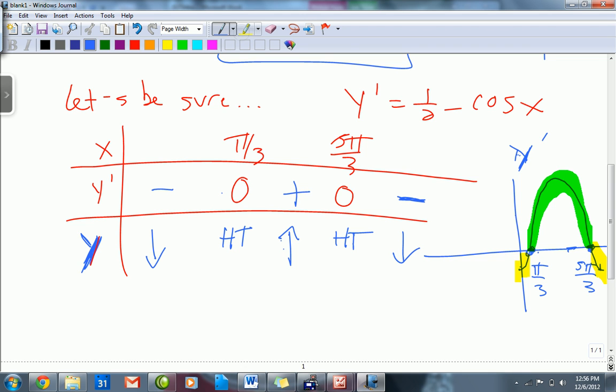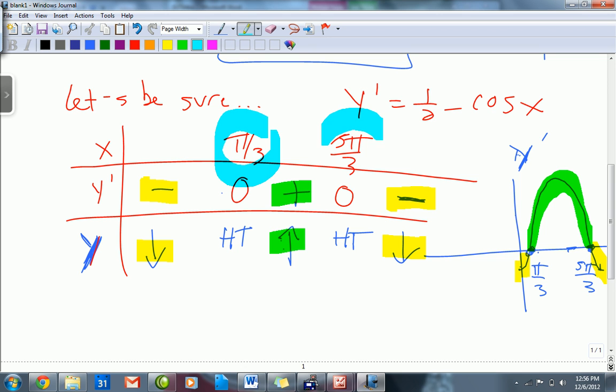Okay? So here's a correlation here. Negative derivative, decreasing function. Positive derivative, increasing function. So the derivative tells me a lot about where functions are increasing and decreasing and where we have changes of behavior.